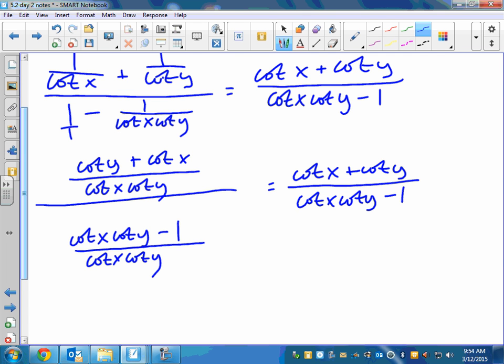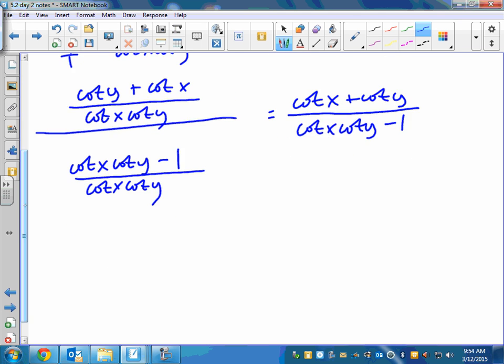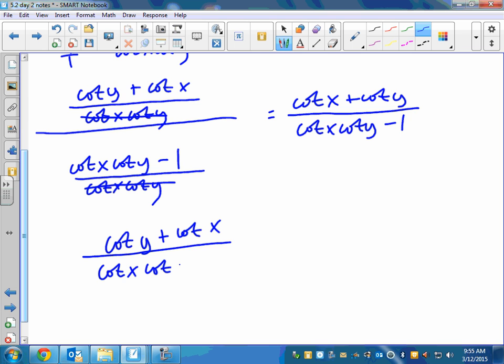That's why when we do tangent and cotangent in the unit circle, you can just cross the 2's out, because the complex fraction cancels out. So I'm just going to do this if you're okay with that. That leaves cotangent y plus cotangent x over cotangent x, cotangent y minus 1. I think that's the right answer. That one wasn't so bad.